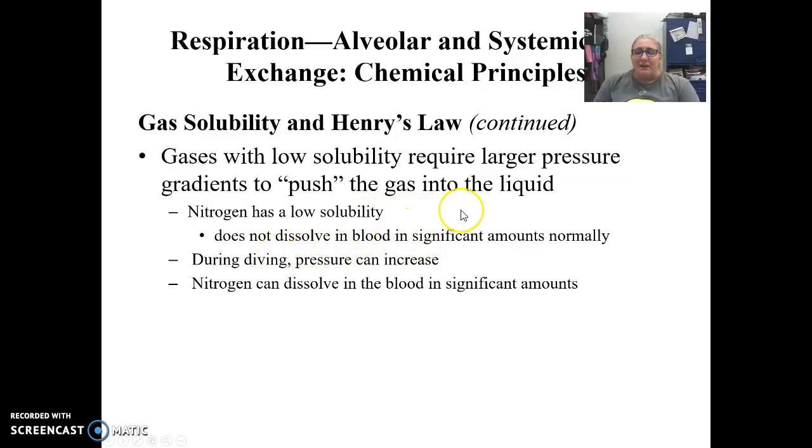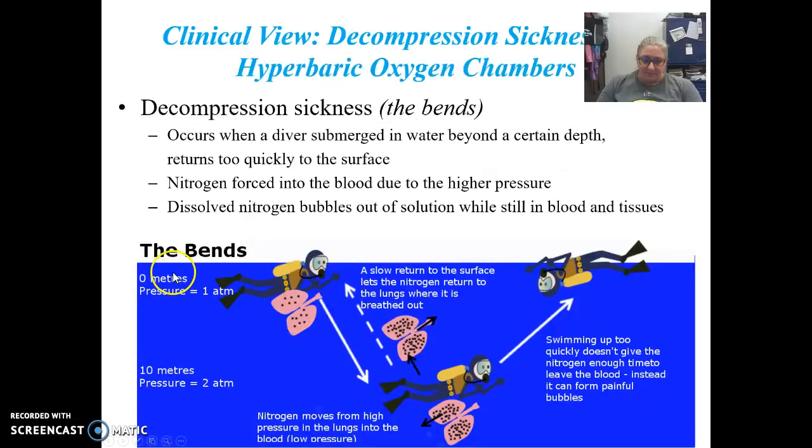But if we increase the pressure, we can cause nitrogen to become more soluble. So if we move from atmospheric pressure to where we have a higher pressure, so underwater, that can actually cause nitrogen to dissolve and go into our blood and then sit in our blood.